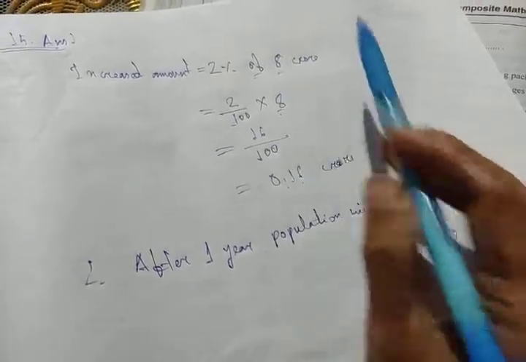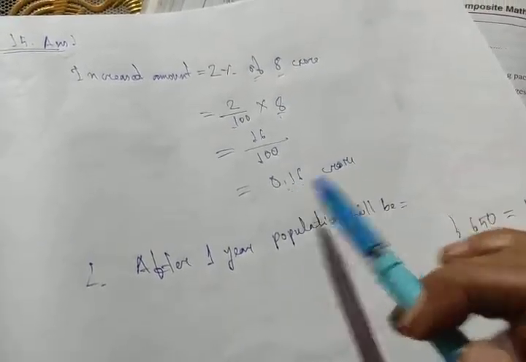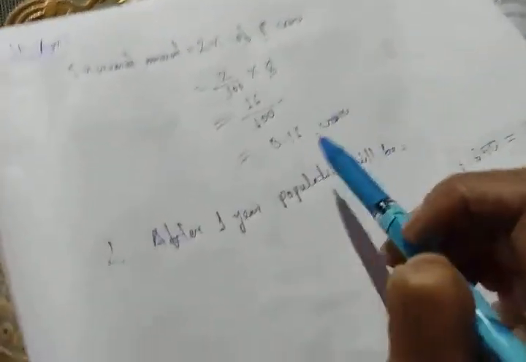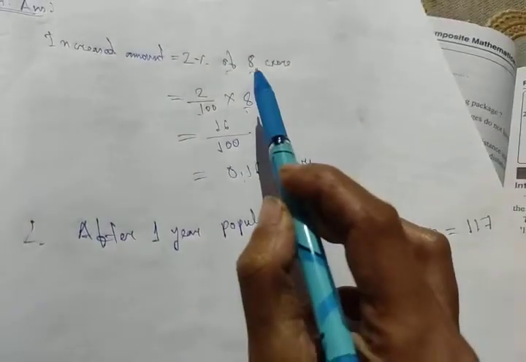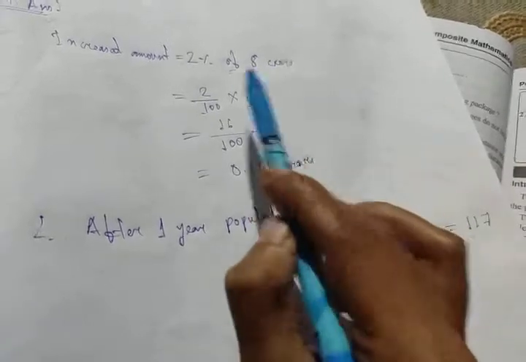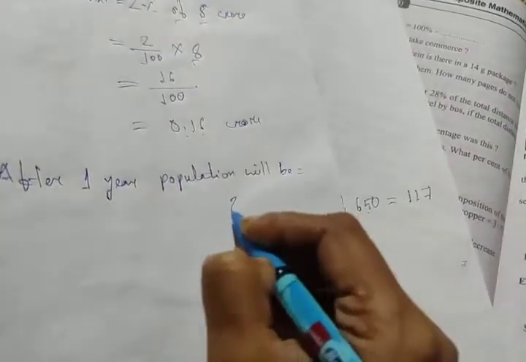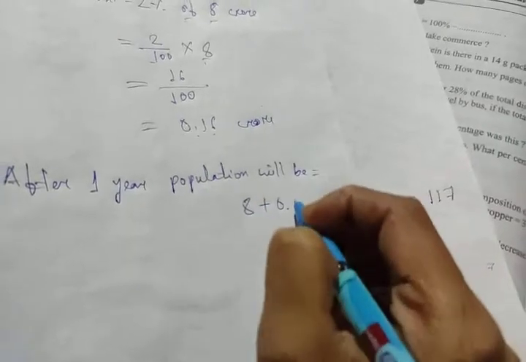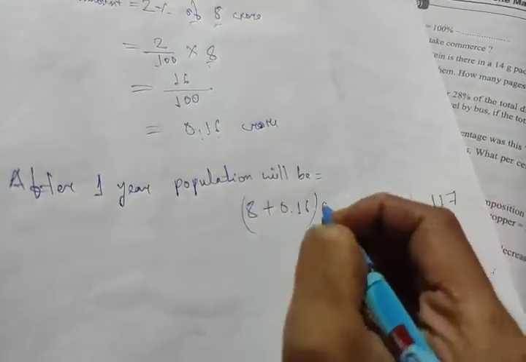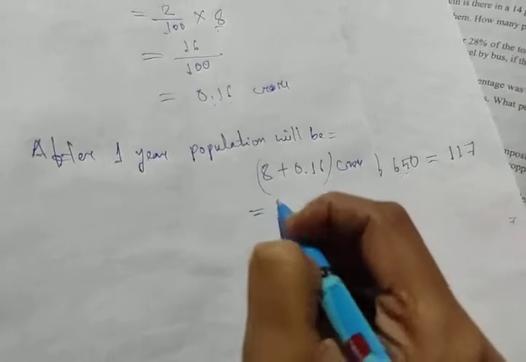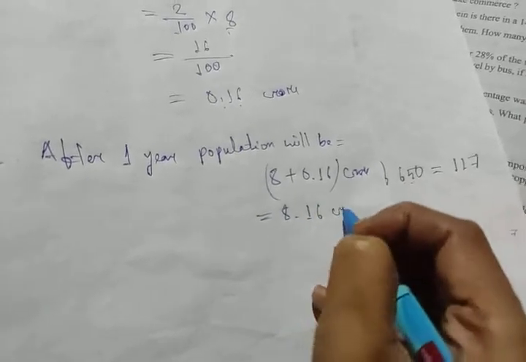So 8 crore plus 0.16 crore increase. That means this part will be added every year, na? So initially 8 crore plus 0.16 crore. That means 8 plus 0.16 crore. Therefore 8.16 crore.